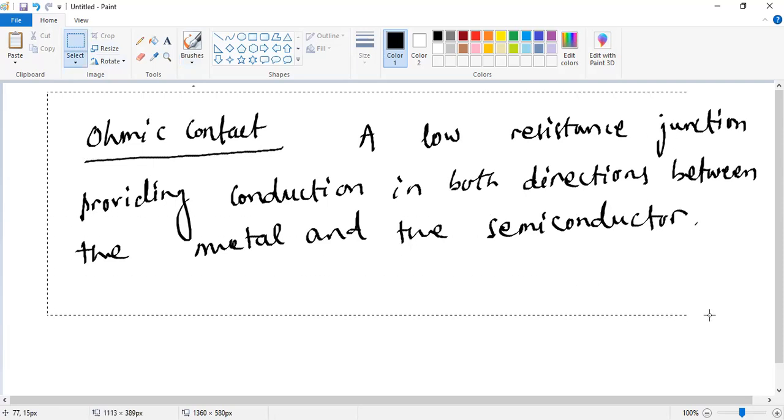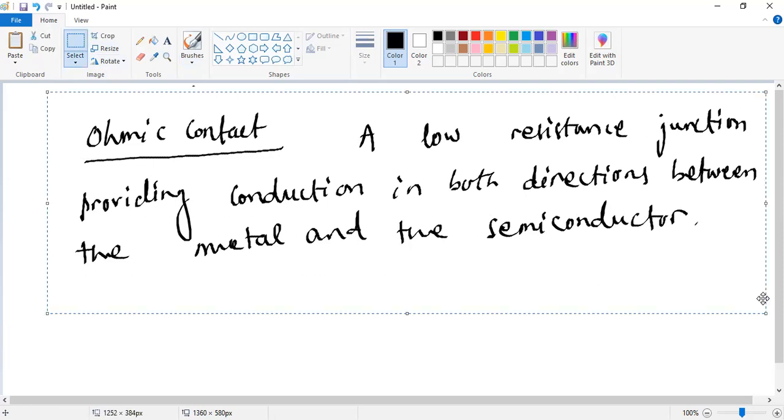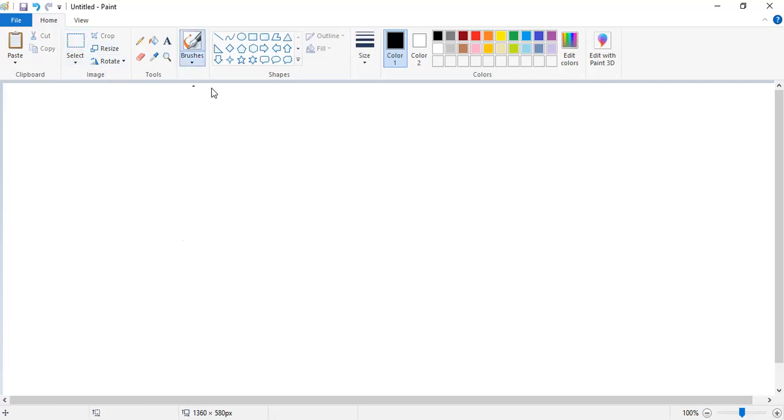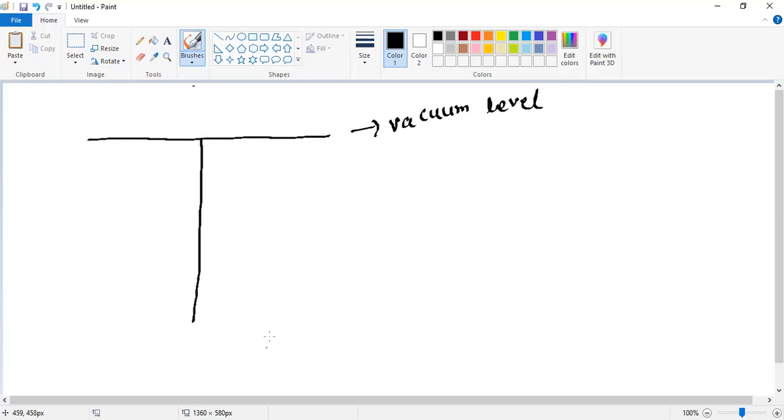If you draw the metal semiconductor band diagram, we have to start with the vacuum level. This is our reference for the vacuum level. This is the interface between the metal and the N-type semiconductor, and this side is metal.